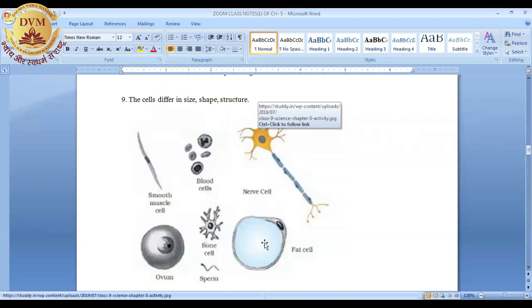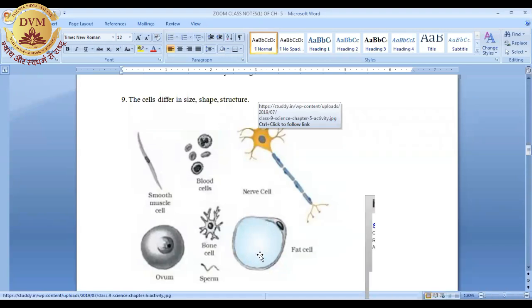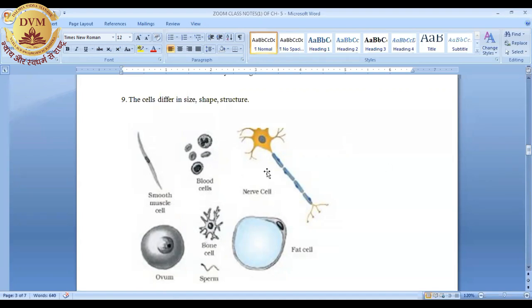Now, the cells in your body which store fat are oval shaped. Your bone cells are again star shaped. Sperms, which are known as the male gametes, are the smallest cells of the body, right? And the ovum, which is the female gamete, is oval or round shaped. So you can say that there are different types of cells in your body and in different living organisms, right?